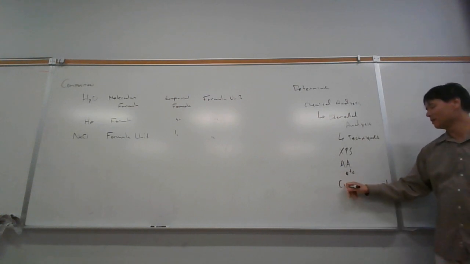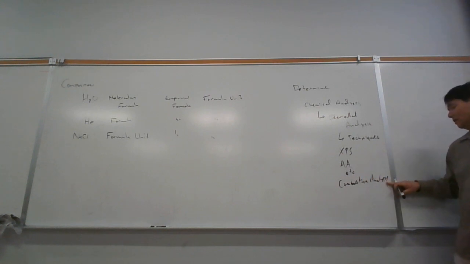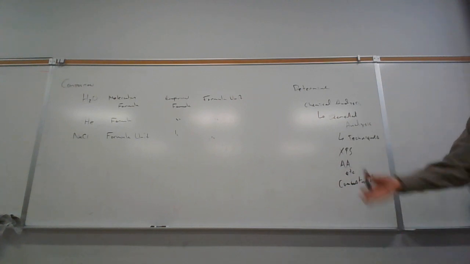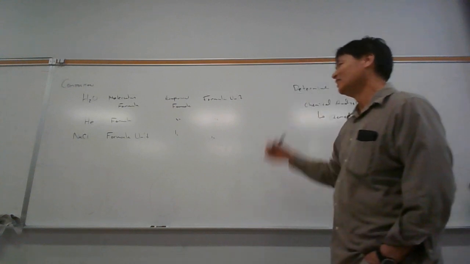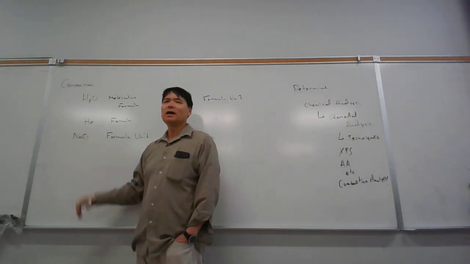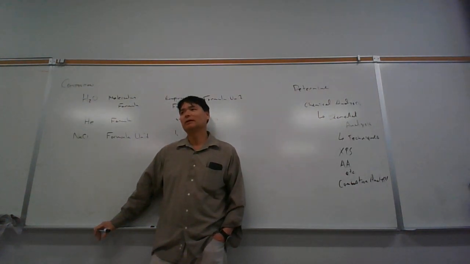One of these is combustion analysis. Combustion analysis only works if it burns, and not everything burns. Typically, when you think about what burns, does sodium chloride burn? No. Have you ever tried to burn sodium chloride? Well, I shouldn't say no, because under certain extreme conditions you could get the chloride in sodium chloride to burn.